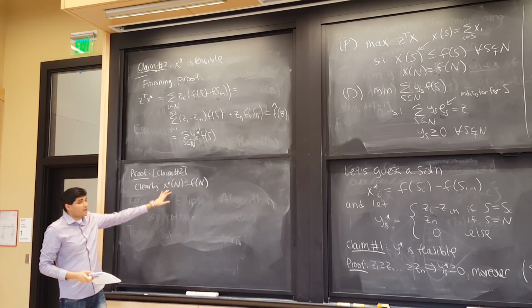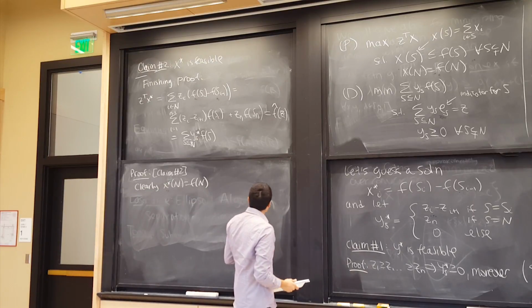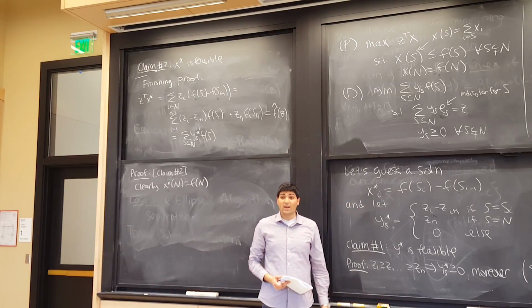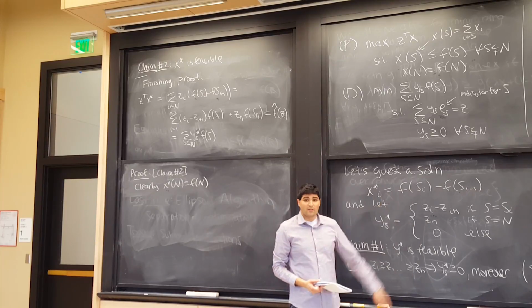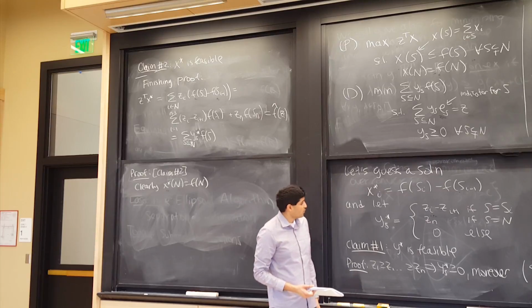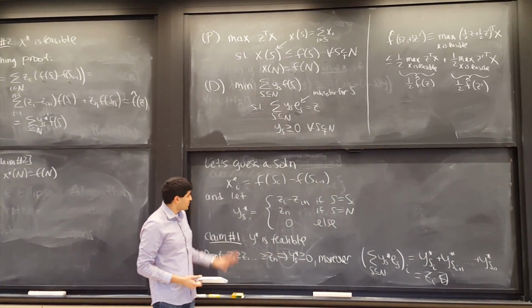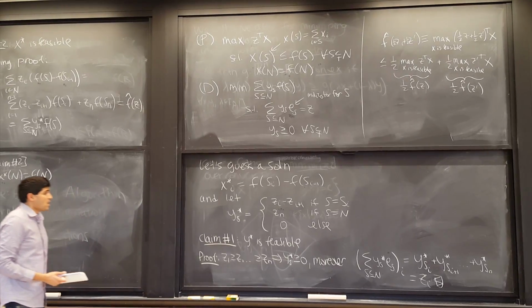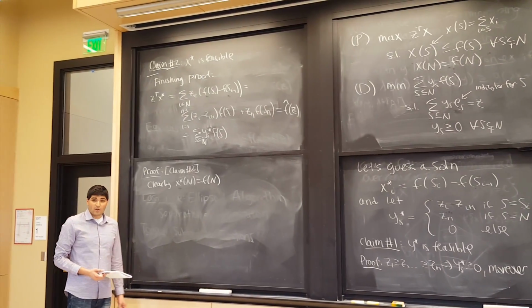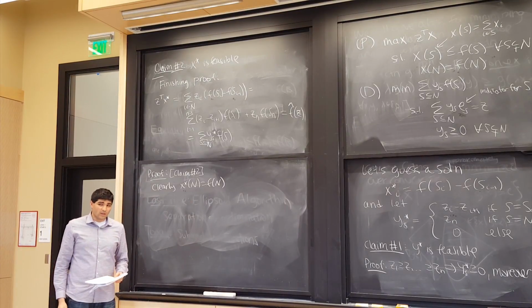Remember, X star of n is just taking the value of X star on all of the different coordinates and adding them up. And then we get exactly the same telescoping sum, and all we're left with is f of Sn, because it's defined differently there. So this part clearly holds, that's the easy part.